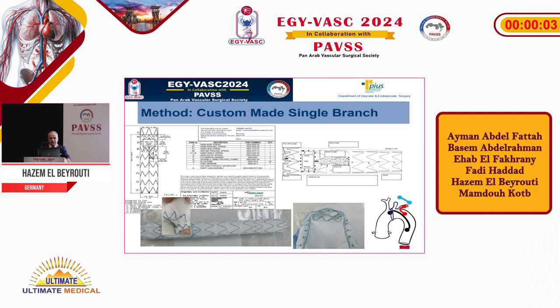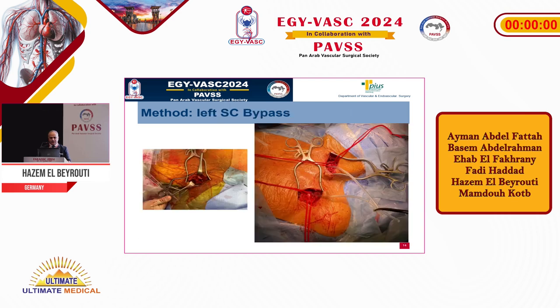You can see here the additional stent for the subclavian artery, followed by a left subclavian to carotid artery bypass. As you can see here, with an 8 millimeter Dacron prosthesis, we performed these bypasses infraclavicularly, as we wanted to avoid the mammary zone, considered a sacred zone.